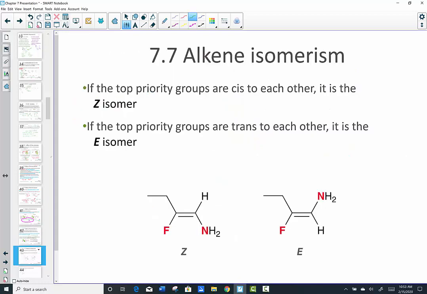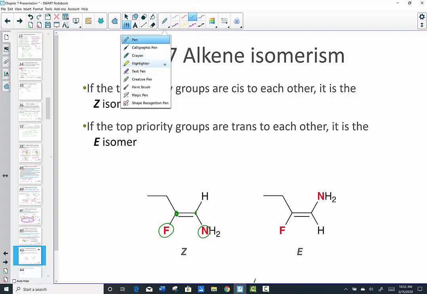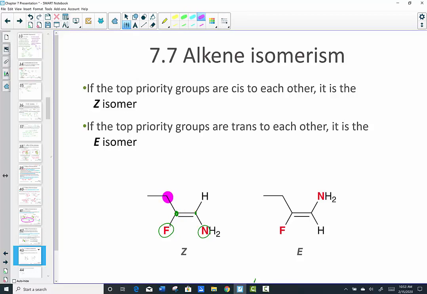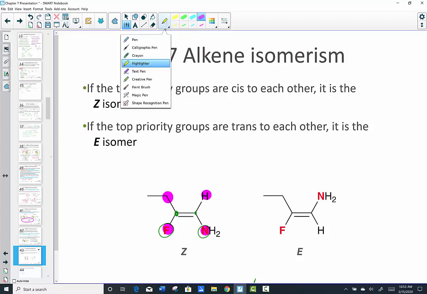So that E/Z configuration comes out again. It did in chapter 5, and it does so here as well. You find the priorities. The priority is the higher atomic number in each carbon. So when I'm comparing carbon to fluorine, fluorine is of higher priority. When I compare hydrogen to nitrogen, nitrogen is of higher priority.